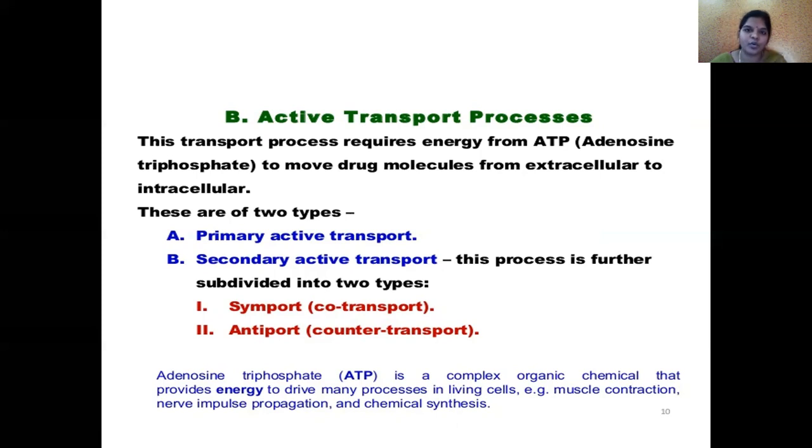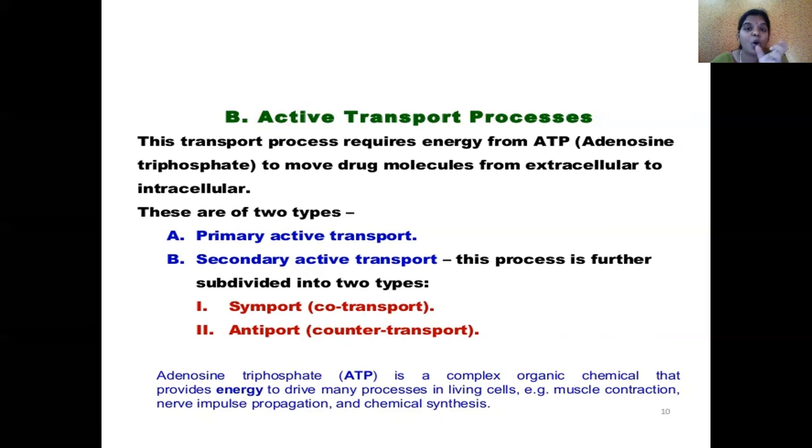There are two types. You already know that: primary transport and secondary transport. Active transport is of two types, primary active transport and secondary active transport. And then secondary active transport is further divided into two types: symport and antiport. Symport, S stands for same.